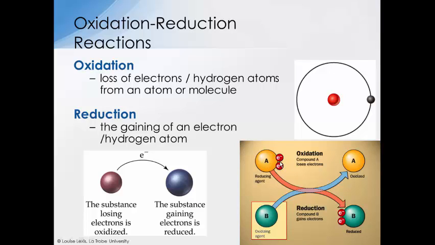And when we say loses these electrons, we're really saying that it's losing a hydrogen atom and we're focusing on the electron part, even though there is a proton as well. So substance A is oxidized, it's lost hydrogen, and substance B is reduced because it's gained those electrons.